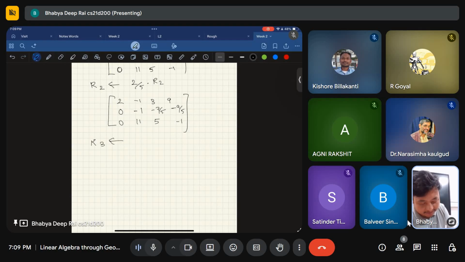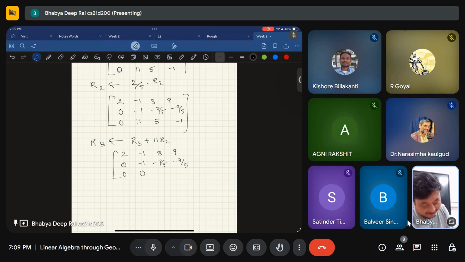Now let's do R3. In R3, what I'll do is R3 plus 11 R2. Okay. Then 2, minus 1, 3, 9, 0, minus 1, minus 7 by 5, minus 9 by 5. And I'll do 0, and 11 minus 11 times minus 1 is 0.